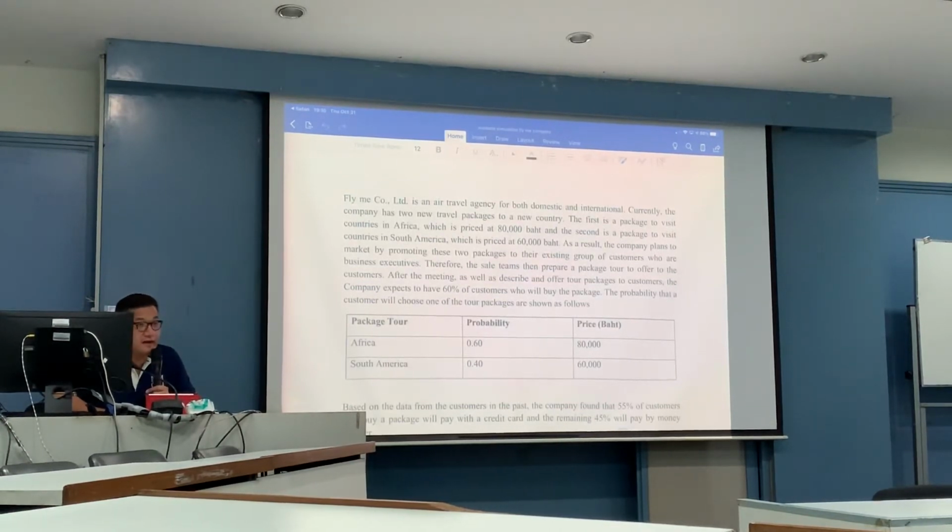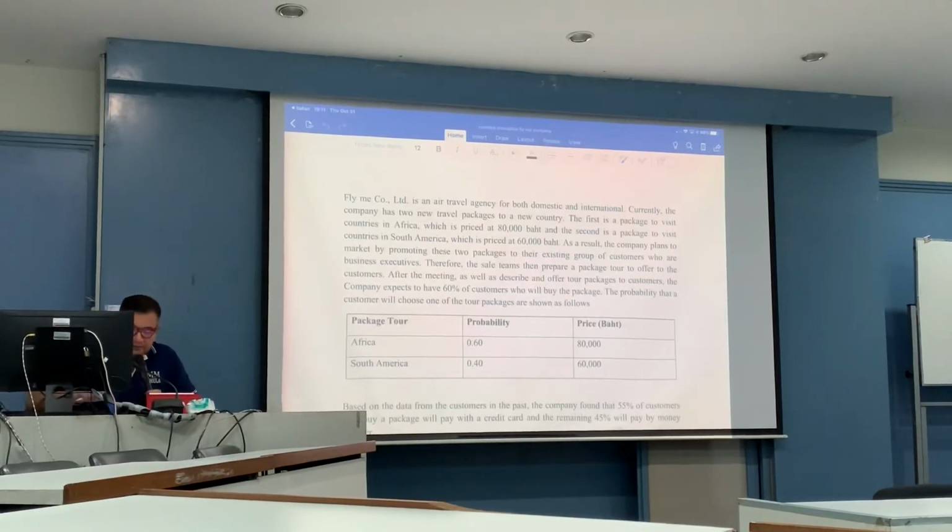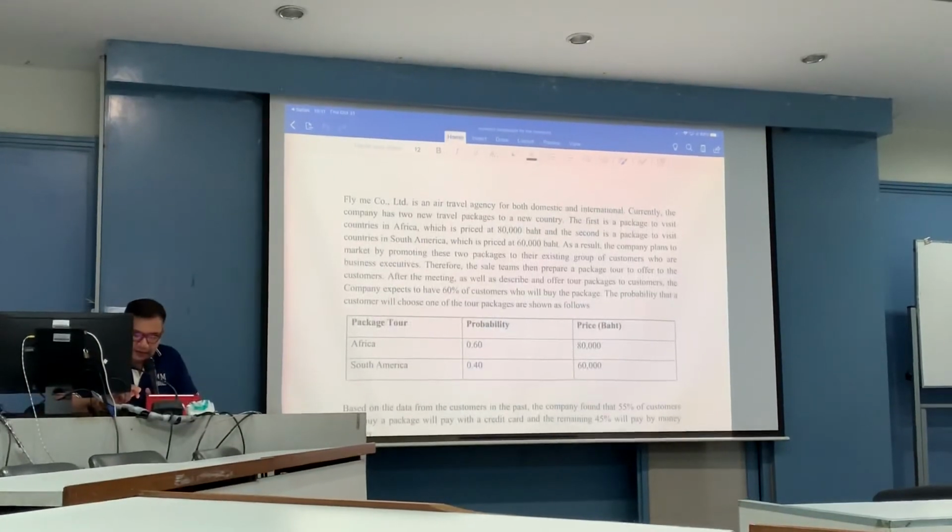Whether they are going to buy or not buy the package tour. The second one is, if they buy, which package tour they are going to select, right? And the third one is the payment method, right? Because the payment is quite different, with credit card and money transfer. So in this case, we need to estimate the variables, and we have 3 variables.